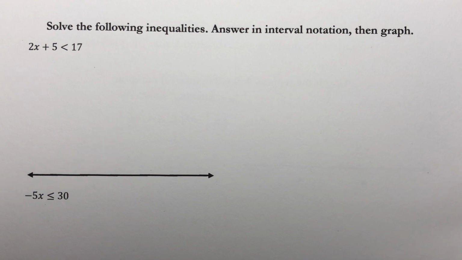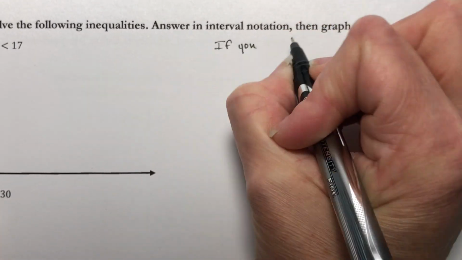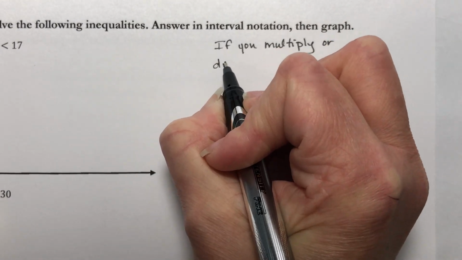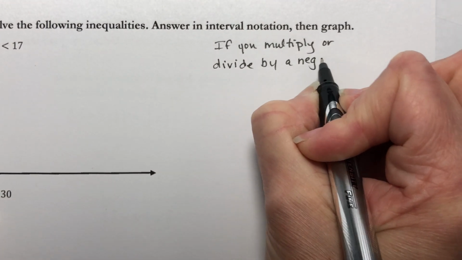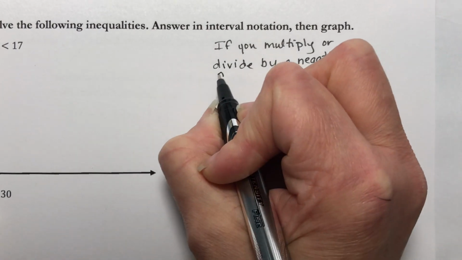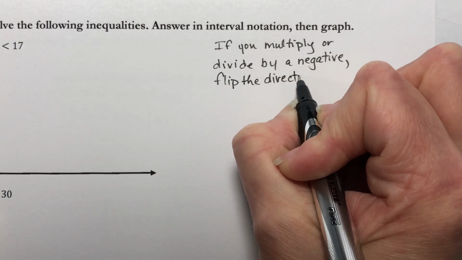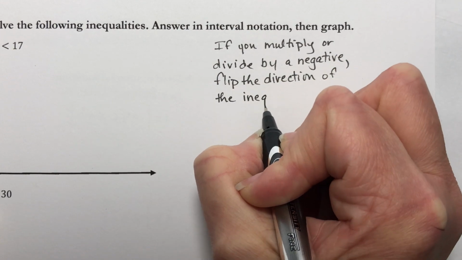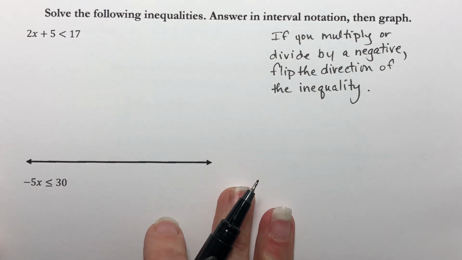If we multiply or divide by a negative number, we have to flip the sign around. That's it. We'll work some problems like that for sure.